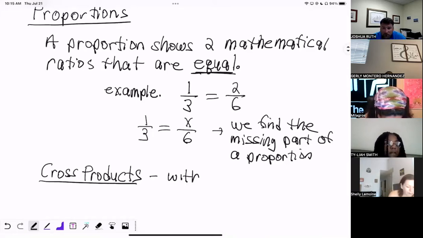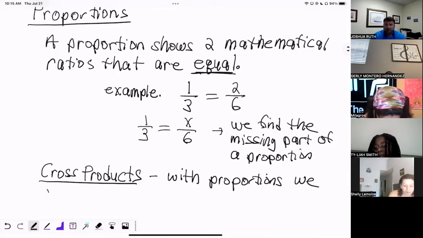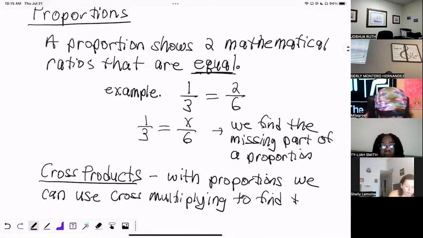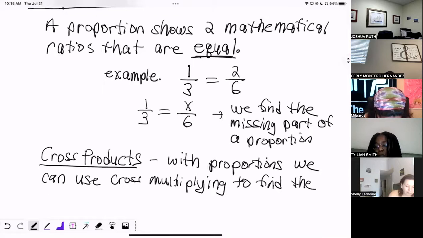With proportions, we can use cross multiplying to find the missing part.